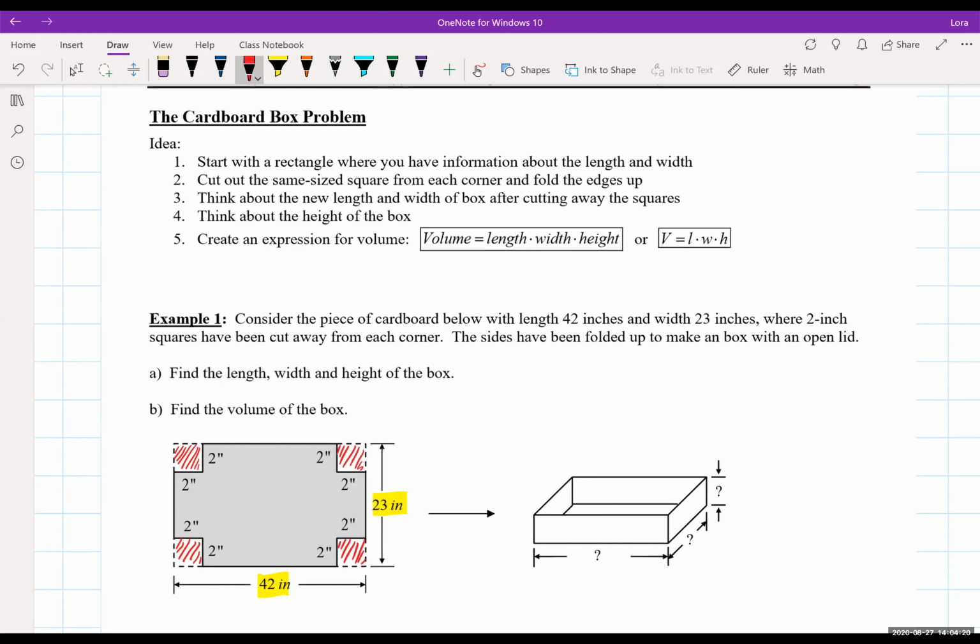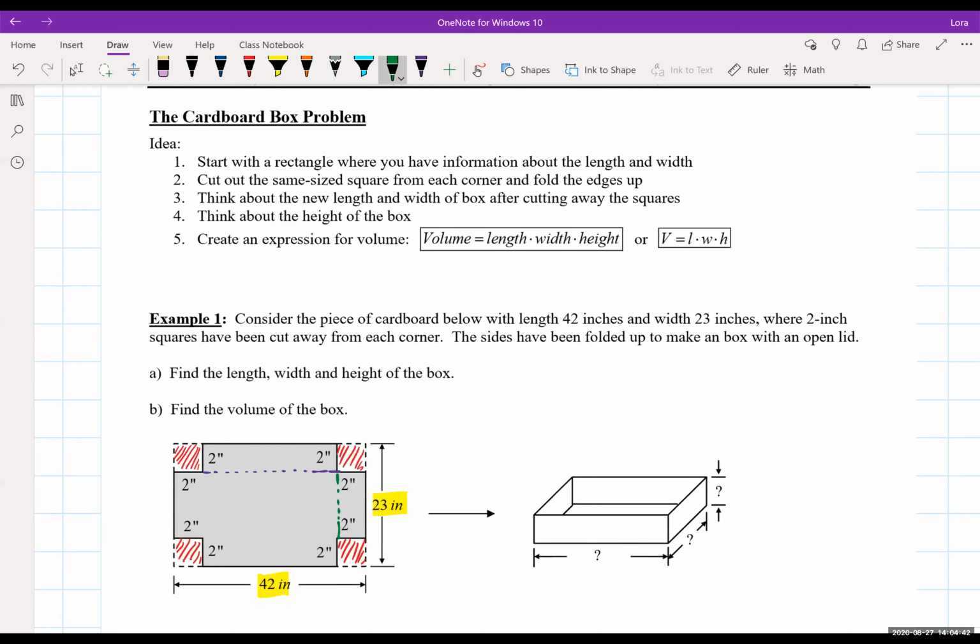And then we have a new shape. What we're trying to understand is, once you cut out those equal size squares, you have to determine what the new length and the new width would be. We have to use concepts from our past.